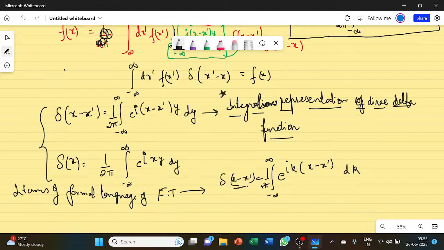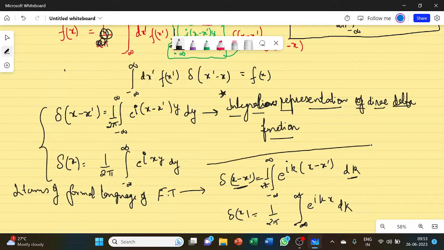Just don't forget, if here is x minus x dash, then the variable of integration would be dk, and Dirac of x would then be equal to 1 upon 2 pi, minus infinity to plus infinity e to the power iota kx dk. Please do remember these two results.